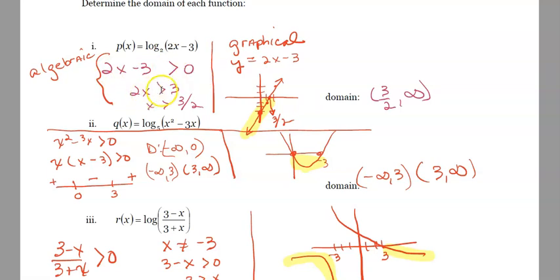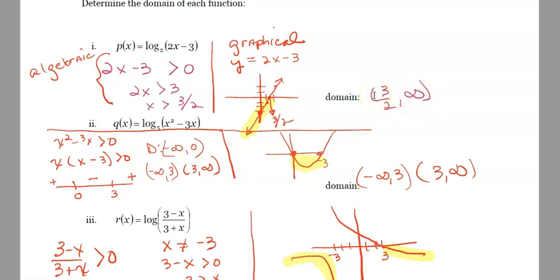Therefore, 2x is greater than 3, and therefore x is greater than 3 halves. Remember, if you divide or multiply across the inequality sign by a negative, it flips the inequality sign. So put that in the back of your mind. So I'm getting a domain of x is greater than 3 halves, which in interval notation, which is what we use, you would write like this.